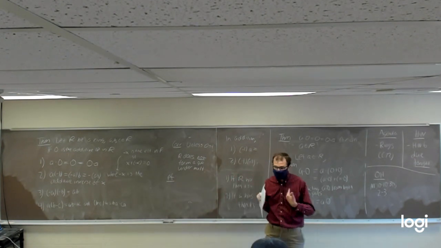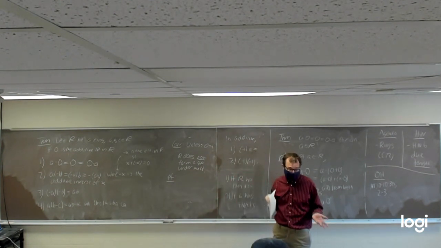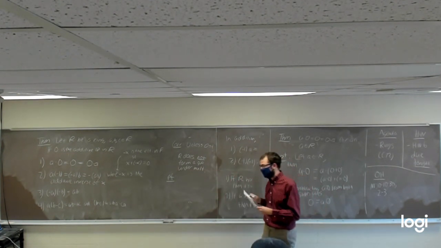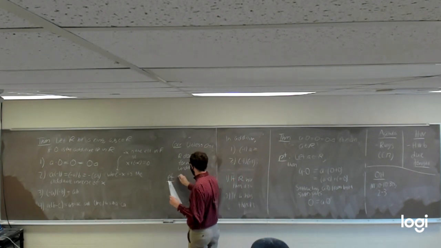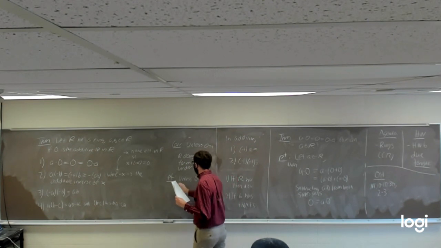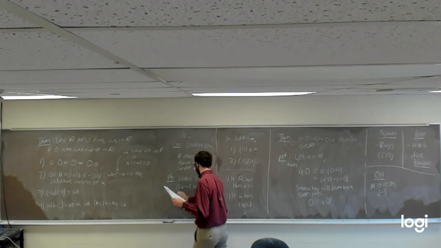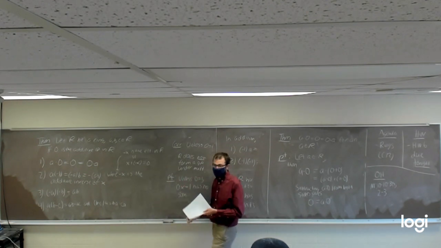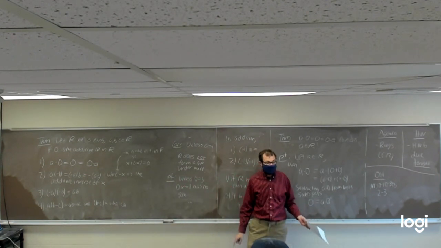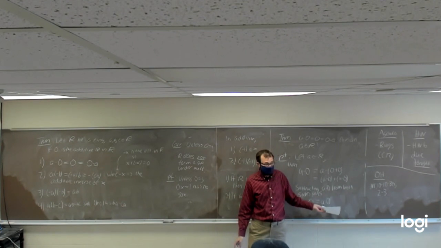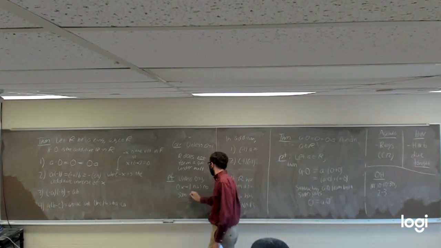It's basically because 0 can't have a multiplicative inverse, because 0 times x equals 1 has no solution. Why? Because 0 times x, no matter what your x is, should always give you 0. So 0 has no multiplicative inverse.